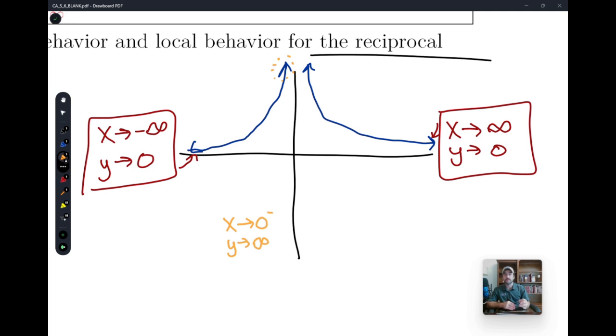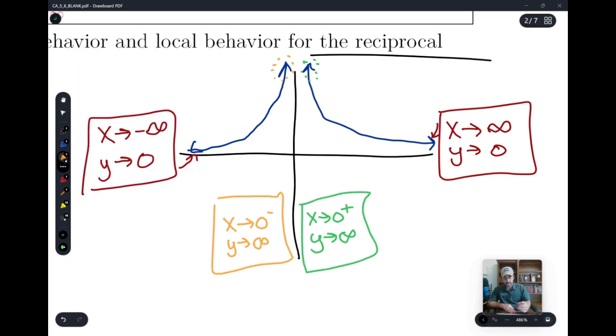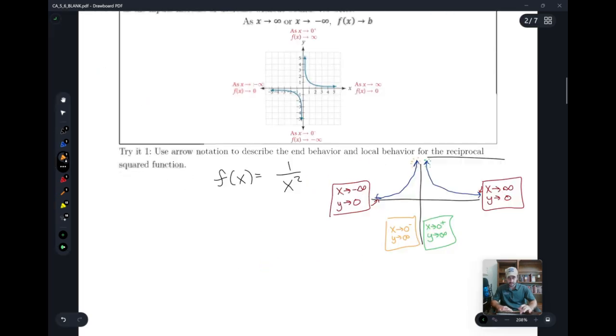Y goes up forever and ever. And then one last color, as x approaches 0 from the plus side, y approaches infinity. And that is how we define end behavior. You use the exact same strategies to define it for any function. This is just one of the toolkits.